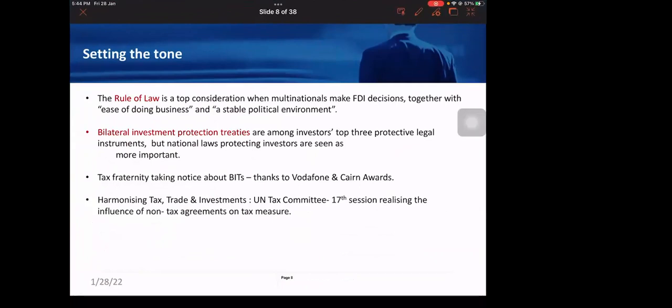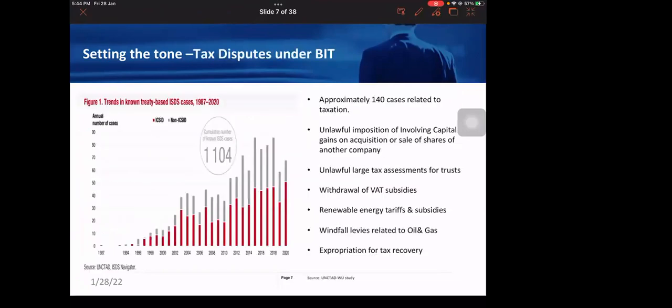One very interesting aspect on the previous slide was that the tax cases are not against developing countries. Surprisingly, a large number of cases lie against Spain, pertaining to VAT and tariff subsidy related aspects. And a large number of disputes are in the renewable and extractive sectors.